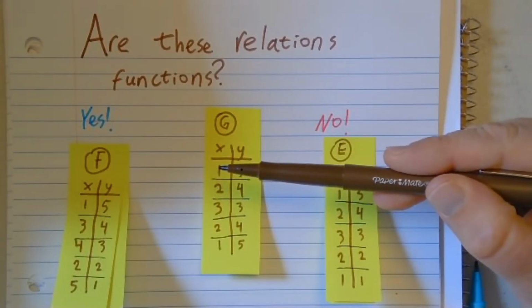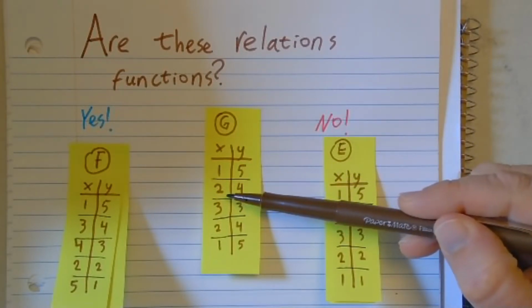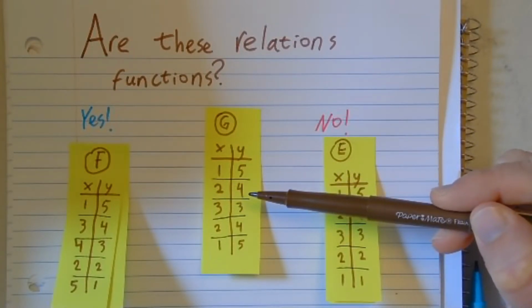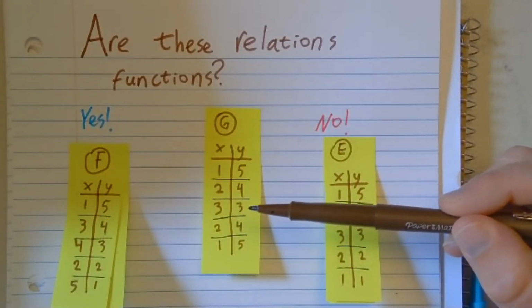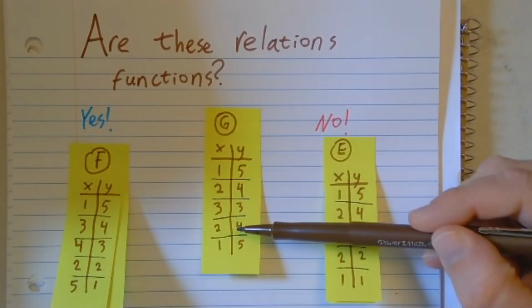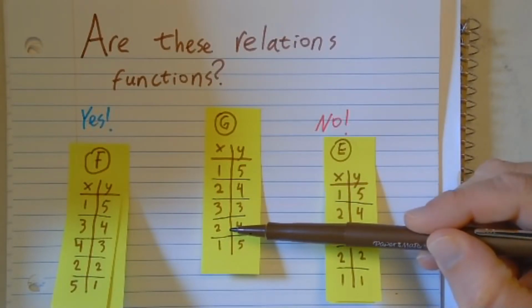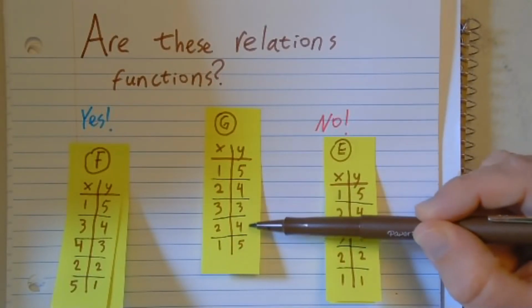Okay. 1 goes to 5. We're doing well so far. 2 goes to 4. Yeah, okay. 3 goes to 3. Okay, that's fine. 2 goes to 4. That's the second time you've told me something about 2. But it still goes to 4.